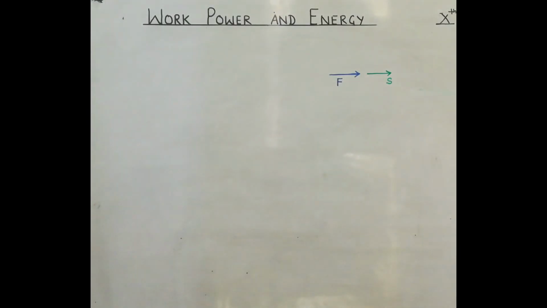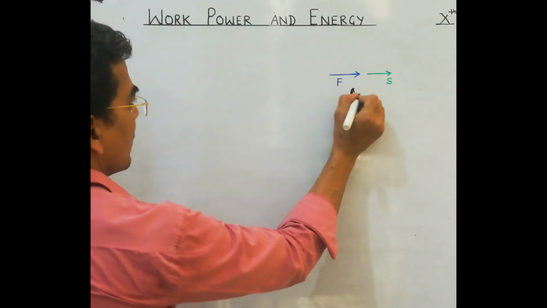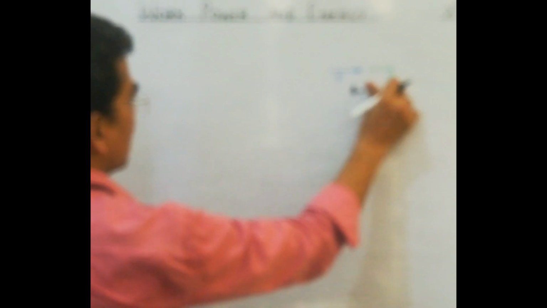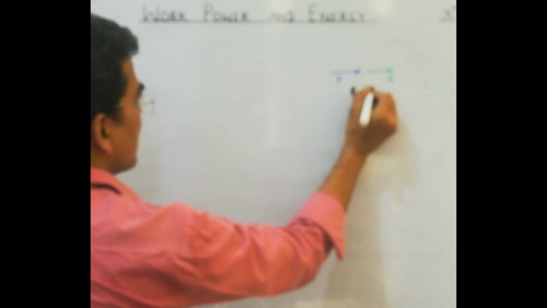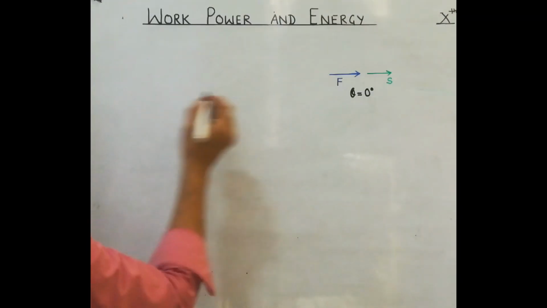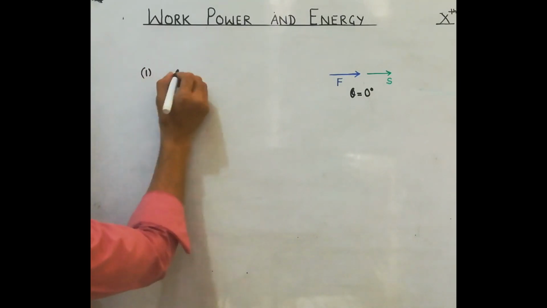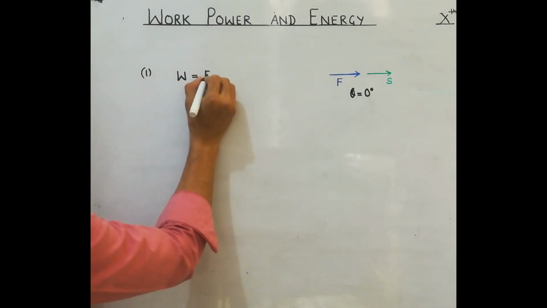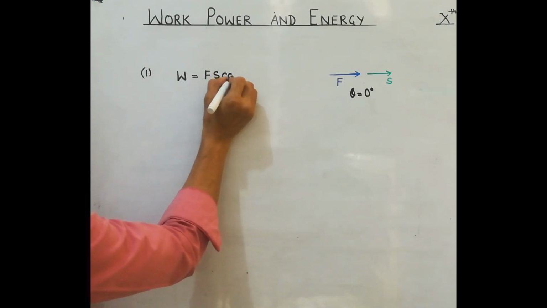Now if both are in the same direction, we can say the angle between them will be 0. So here theta will be 0. Now let us calculate the work done in this case. Work is equal to F S cos theta.